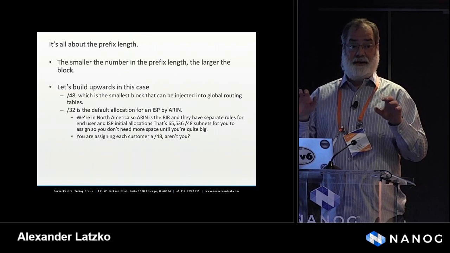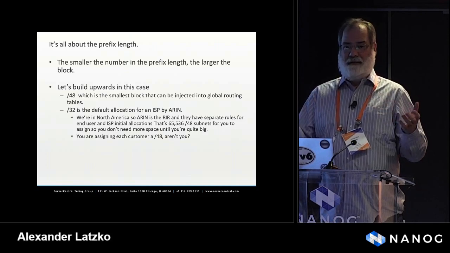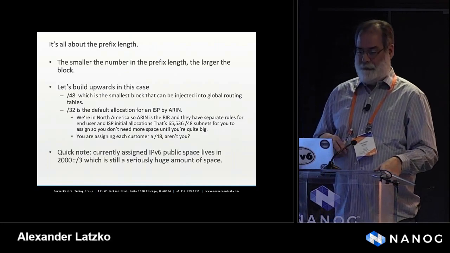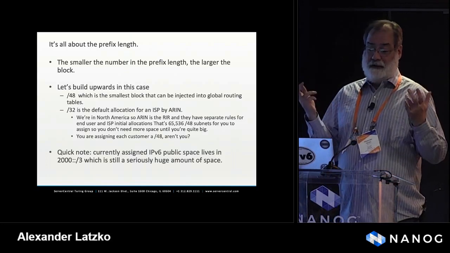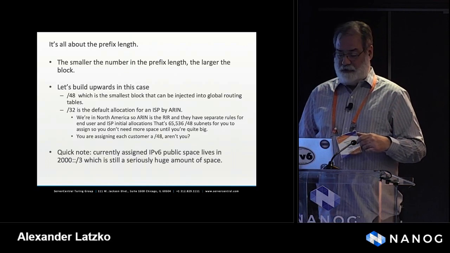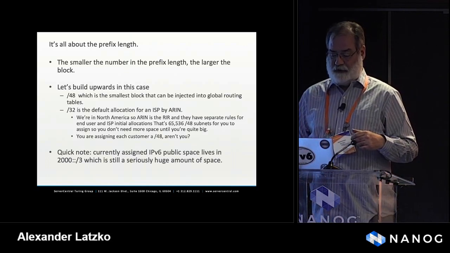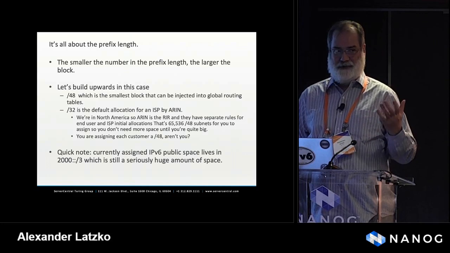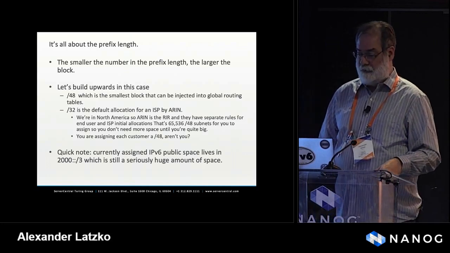Starting to get a feel for the size of this? So why cheap out later? And all the public addresses assigned so far in 2000::/3, which is something like 2 to the 125th addresses.